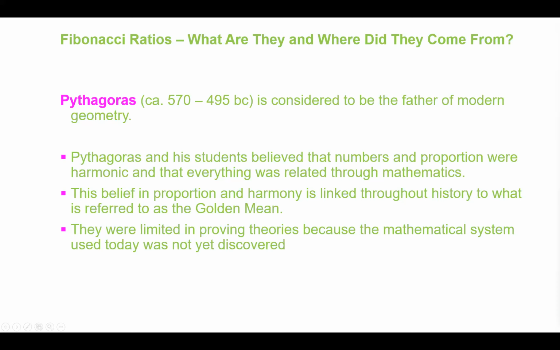He was considered to be the father of modern geometry. He and his students believed that numbers and proportion were harmonic and that everything is related through mathematics. This belief in proportion and harmony is linked throughout history to what's referred to as the golden mean, which we're going to look at today with our fib ratios.